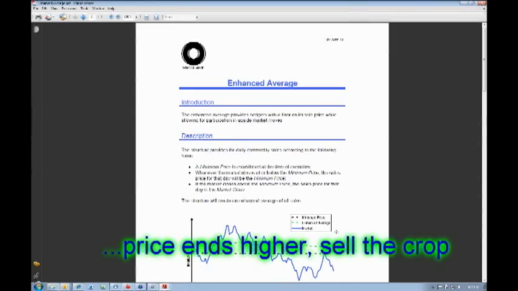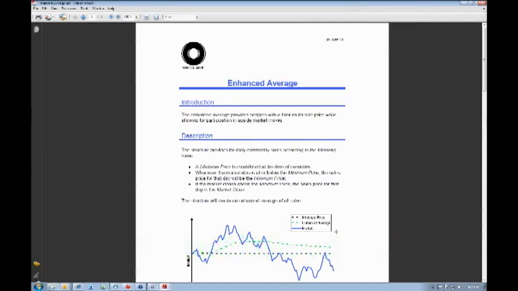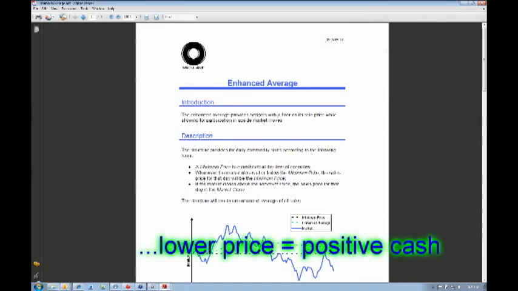But the idea then is he just turns around and sells his physical commodity at that higher market price. So therefore, he's fine. He's getting the added benefit of selling his crop out of the field up here at a higher price to make up the difference. But if we end up lower, then he's got a bunch of cash in his account because he's short the futures here at that enhanced average price.